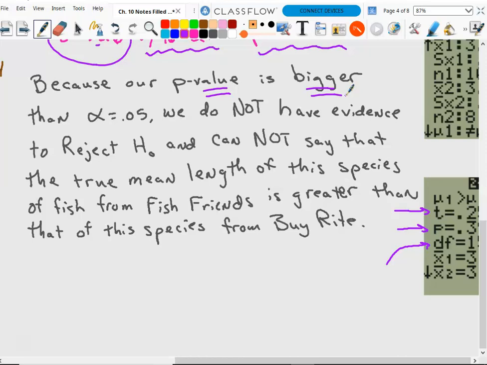So they want you to say, because our p-value is bigger than alpha 05, don't care if you chose alpha 01, I do not have enough evidence to reject Ho and cannot say that the true mean length of this species, and again, I might be getting OCD with it, but I'm trying to give you the best chance you can, the true mean length of this species from fish friends is bigger than that of those from Byrick.